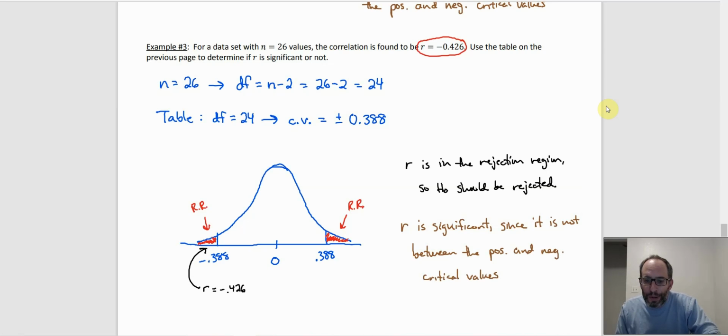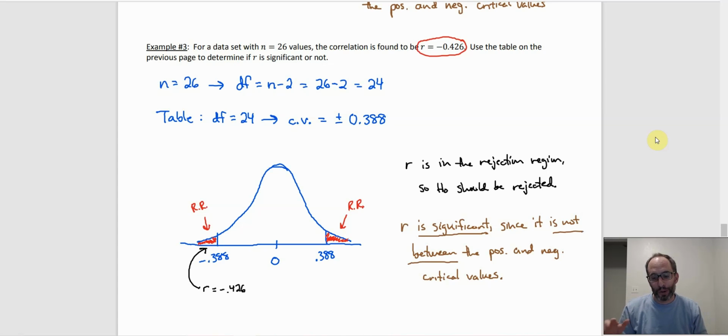No, it's not, right? It's in the left tail. Therefore, it's past the lower one, so it's not between them, right? So just like before, it is significant because it is not between them. Just like with number 1. So whatever happens, really you only have 2 options.